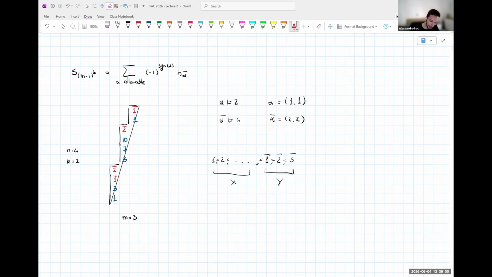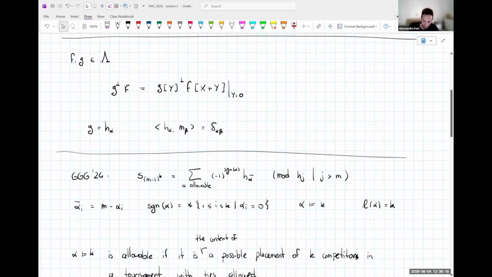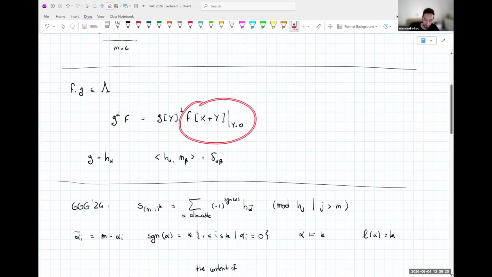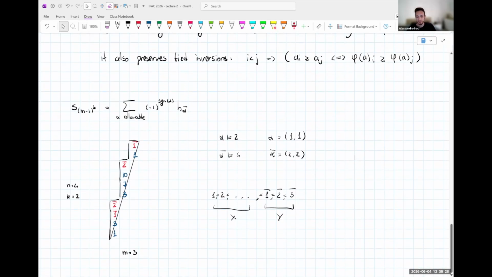These paths, the paths such that the Y labels form the complement of an allowable composition, are the ones that will appear when we skew by this thing. Because when we skew by this thing, we can see this as looking at the objects labeled in two alphabets and then deleting the y's and setting y equals 0, which means we have to be able to delete the y's that appear.